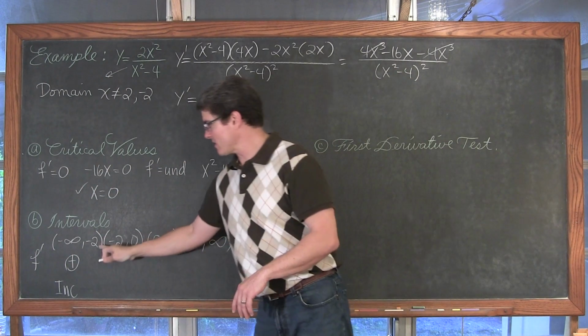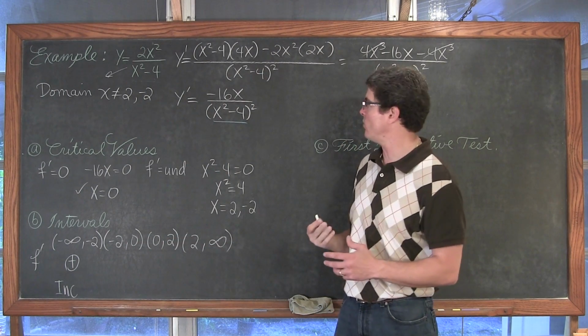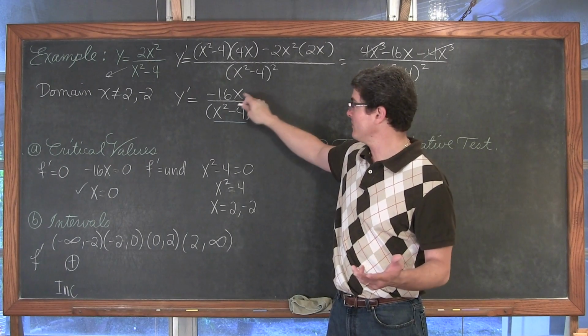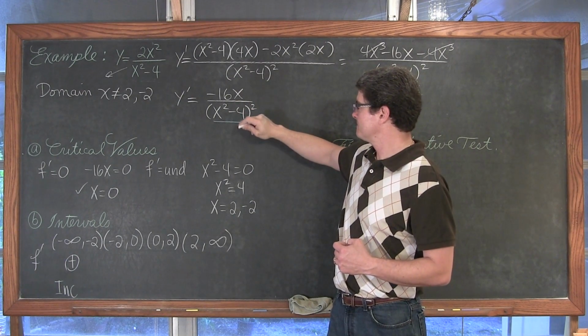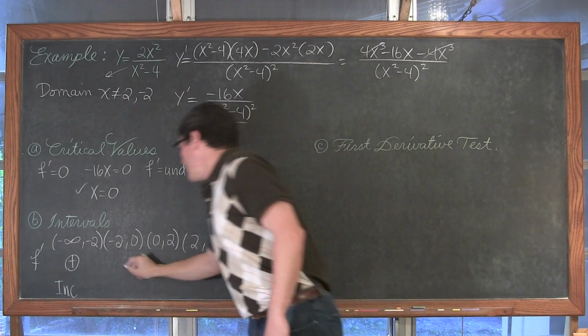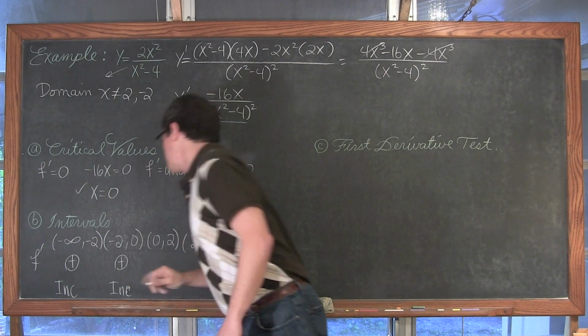Now we skip over this critical value and go to our next interval from negative 2 to 0, so let's try negative 1. Negative 16 times negative 1 is positive, again in the numerator. The denominator is going to be positive guaranteed, so positive over positive means our first derivative is going to be positive, which again means our function is going to be increasing.